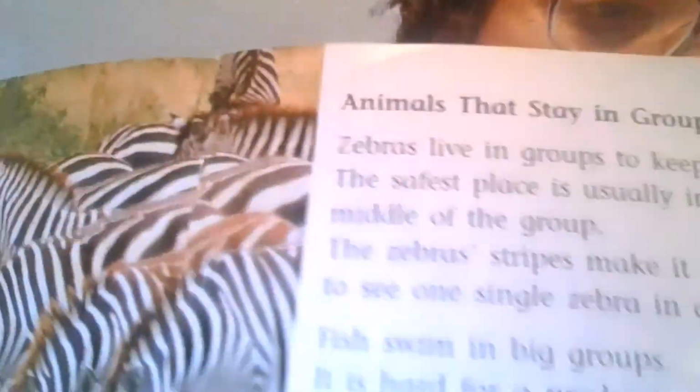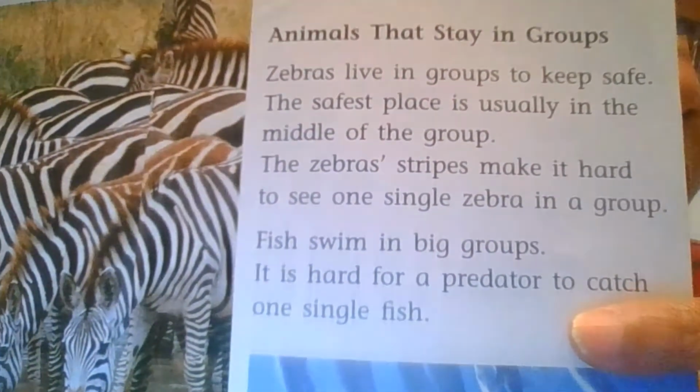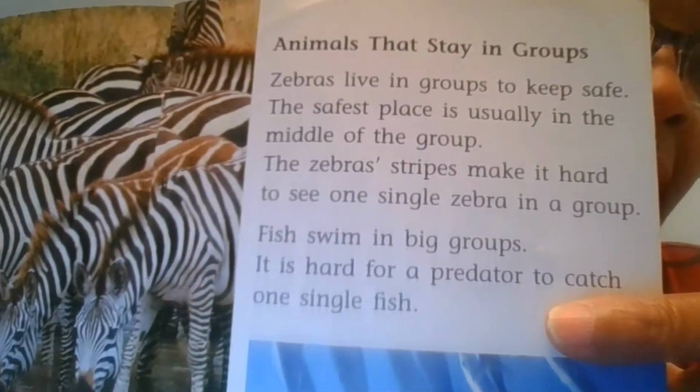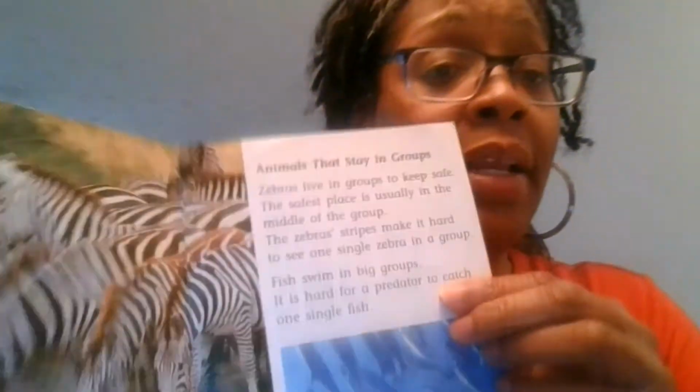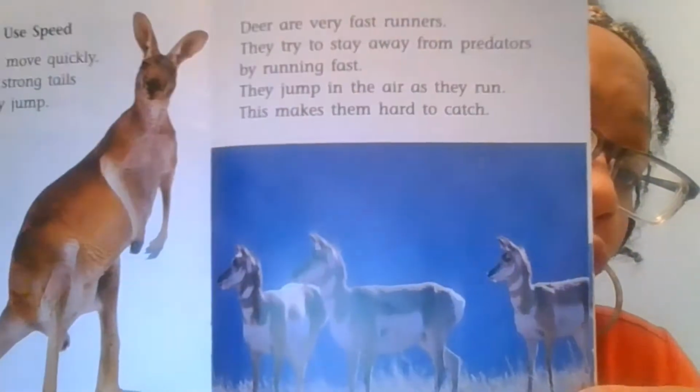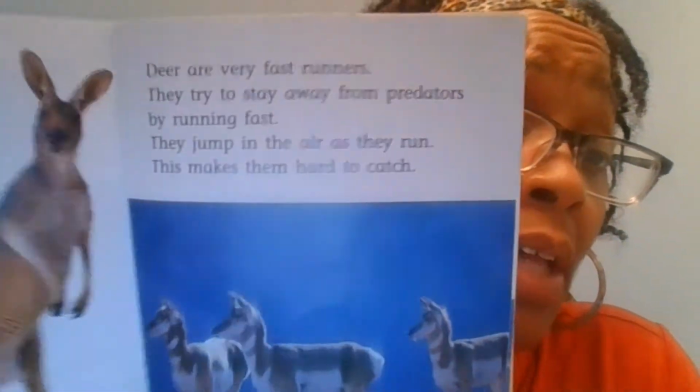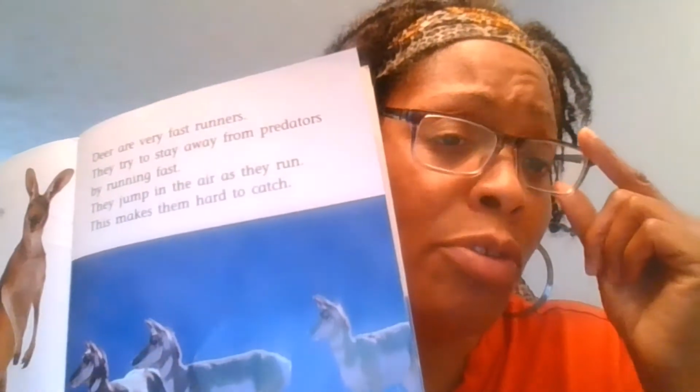I saw it on this page, and I saw it on this page underneath animals that stay in groups, predators. So we know that predators is a word that is repeated over and over. And we do see pictures of a lot of different animals, so pictures of animals are repeated over and over in this book.